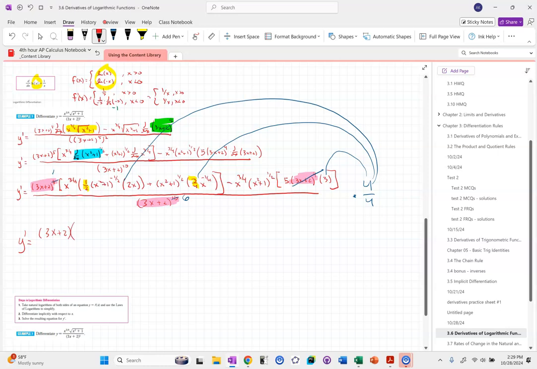So when it lands in here, that's going to give me a 2, and then another 2, that's going to be 4, and then x to the 3/4 times x to the first is going to be x to the 7/4.